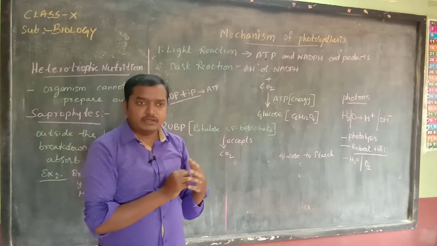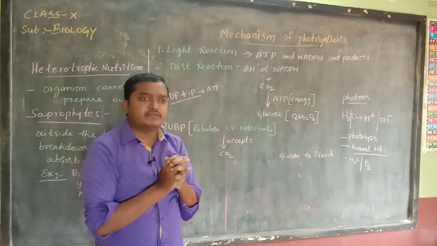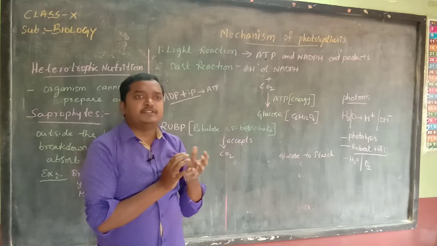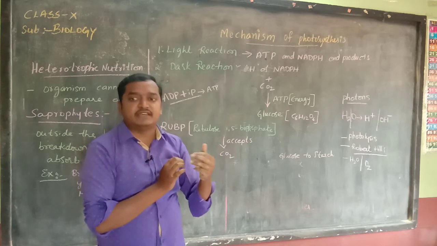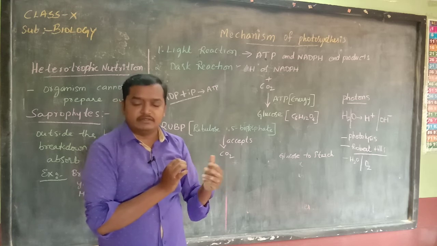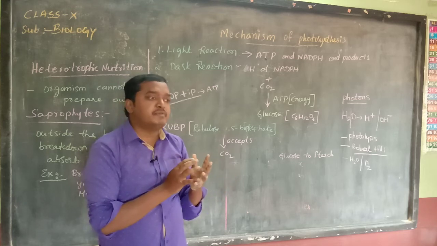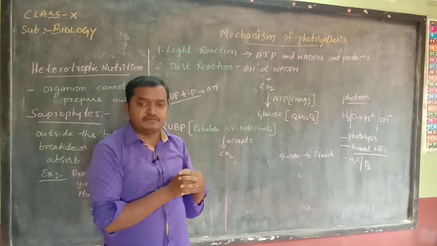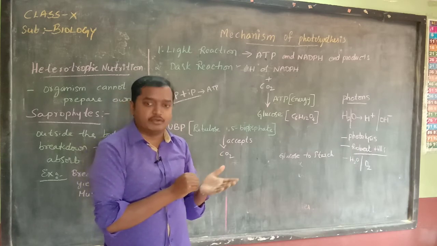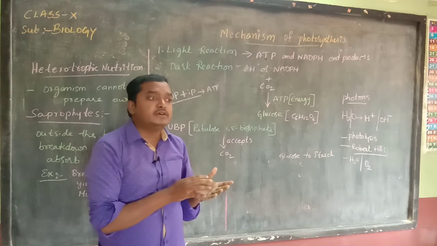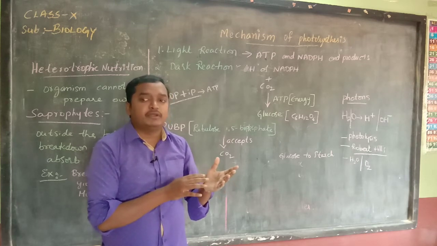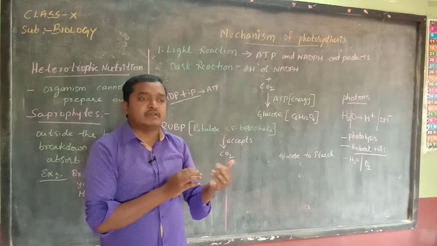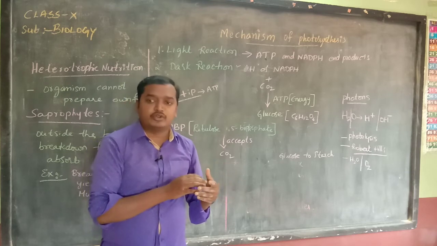Auto. Some of the organisms absorb the sunlight, take the energy from solar energy, and can prepare their own food. Such organisms are called autotrophic organisms, and such nutrition is called autotrophic nutrition.